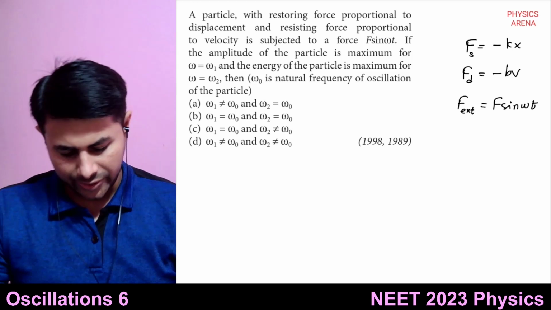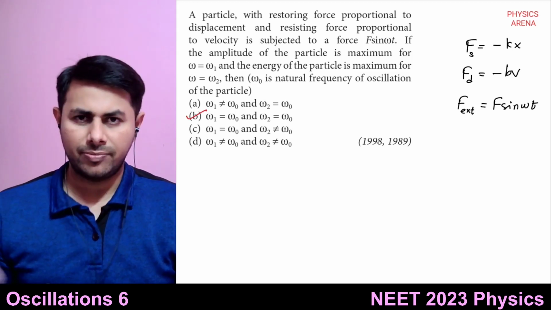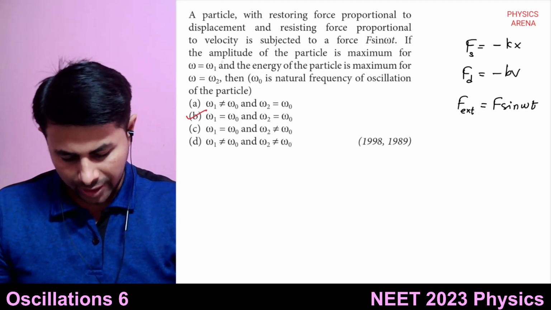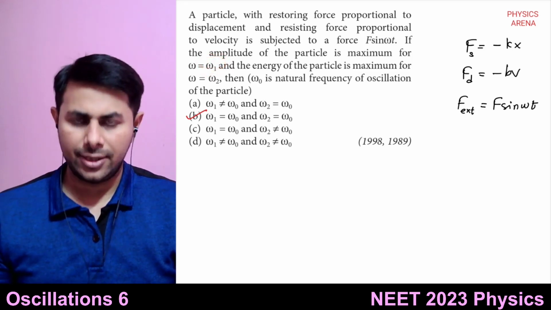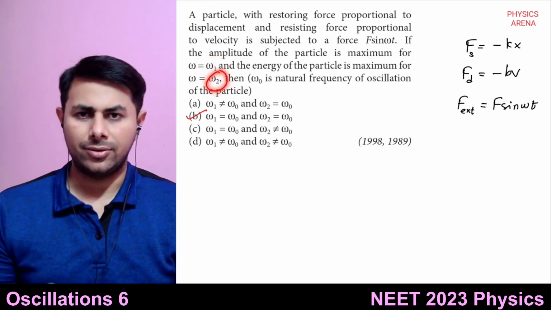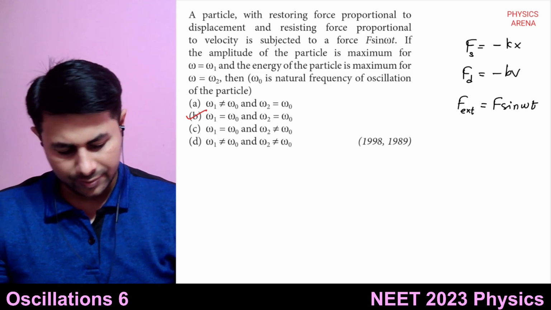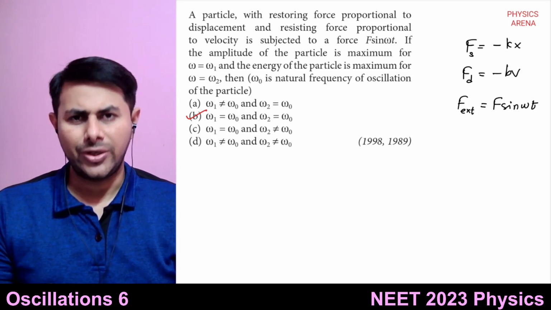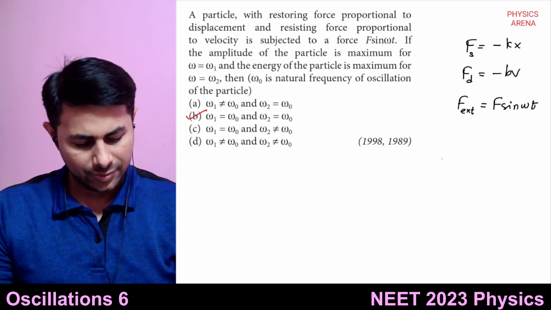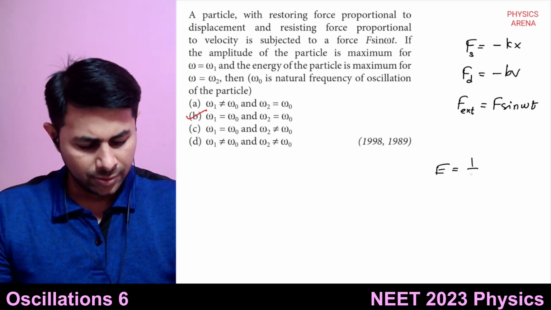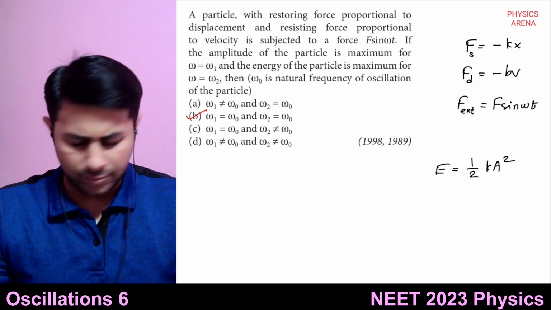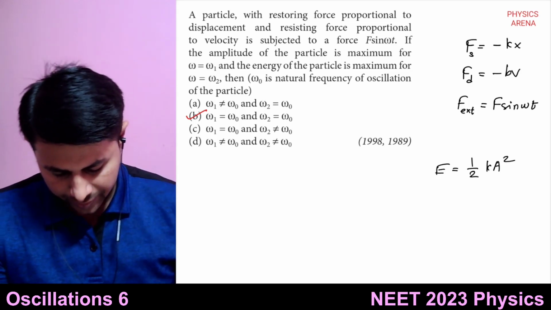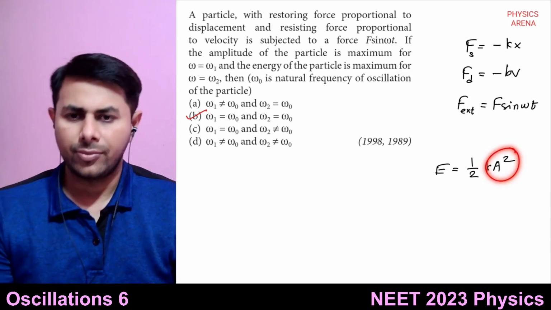So this is simple actually. Amplitude is maximum at omega 1 and energy is maximum at omega 2. So what is energy? What is energy in SHM? Half of k A square. Okay.